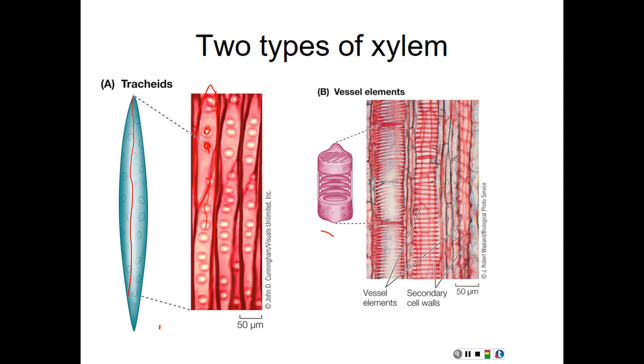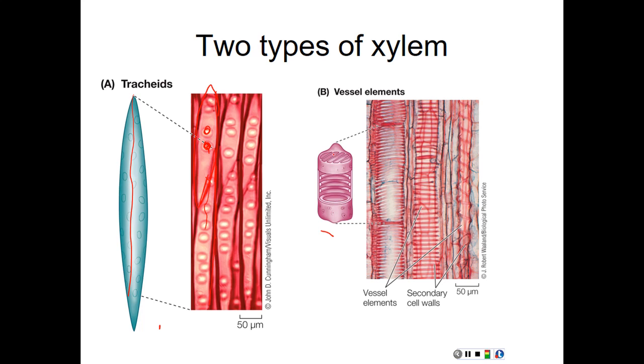Now, flowering plants have a different type of xylem cell known as vessel elements. Rather than being tapered and staggered, these vessel elements are more straightforwardly stacked end to end.